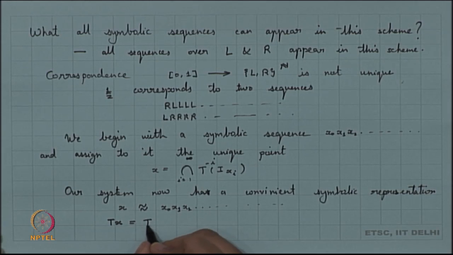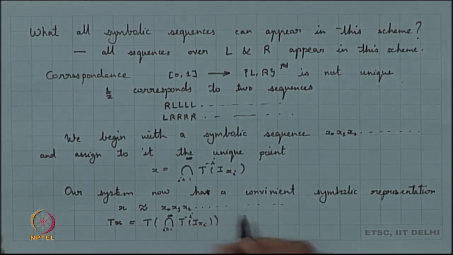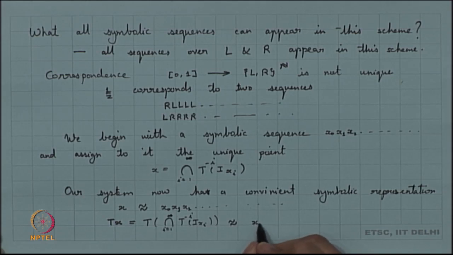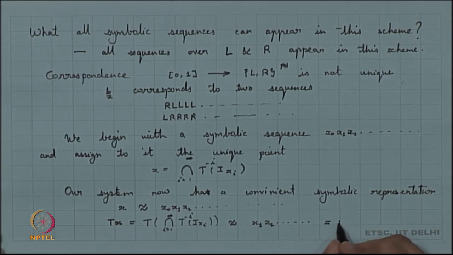is basically T of the intersection, i going from 1 to infinity. This corresponds to the sequence x 1, x 2 and so on, but I can think of this in terms of x as sigma of x, or sigma of this original sequence.